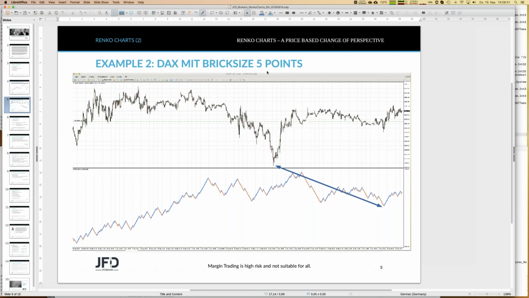And I know what always happens when people look first at Renko charts. Everybody tries to find the same patterns within the standard chart, which is above here, and the Renko chart below. And the same pattern at the same point in time.